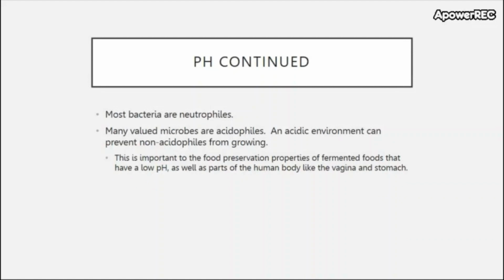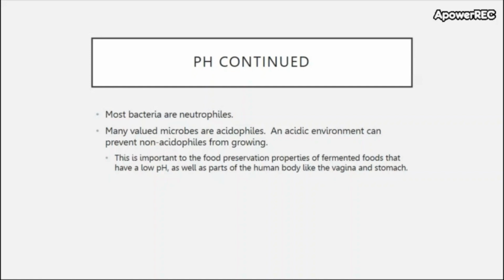So most bacteria are neutrophiles. Most environmental conditions on planet Earth are neutrophilic. However, there are many valued microbes that are acidophiles. An acidic environment can prevent non-acidophiles from growing, and a lot of acidophilic microbes are actually human-friendly.